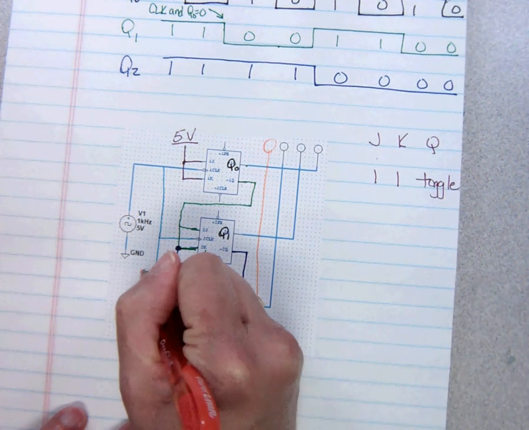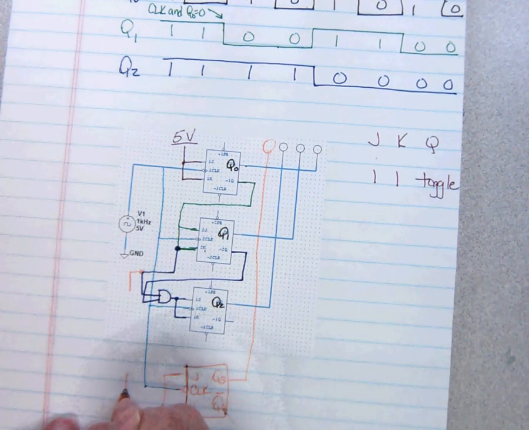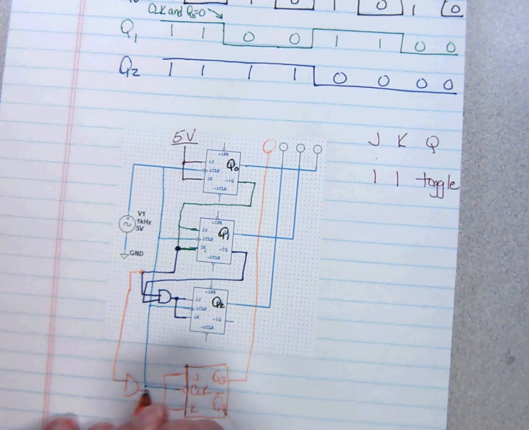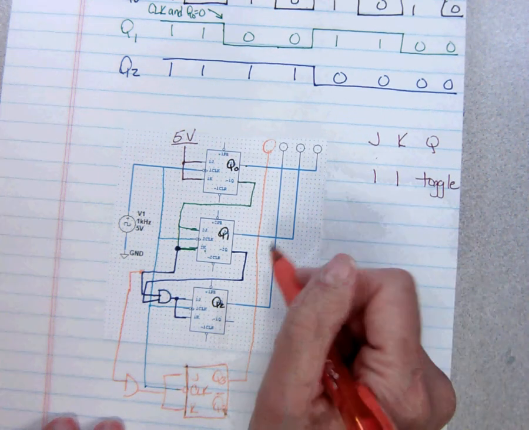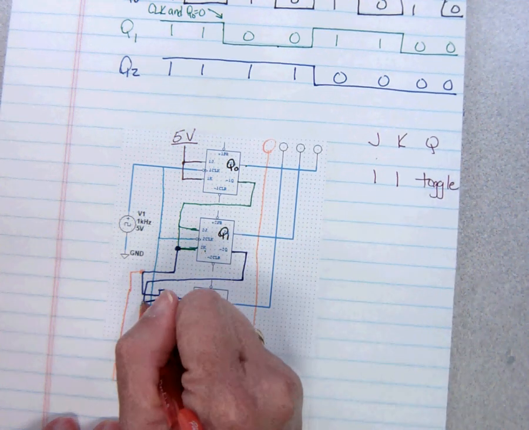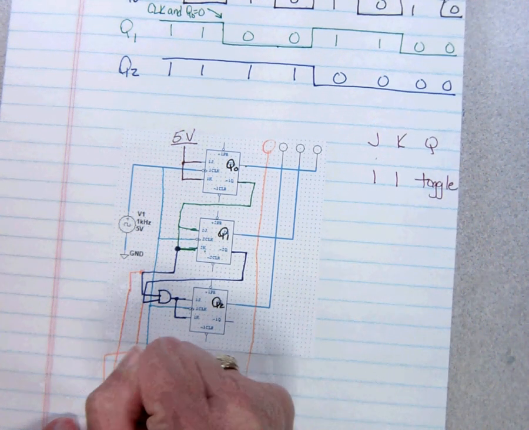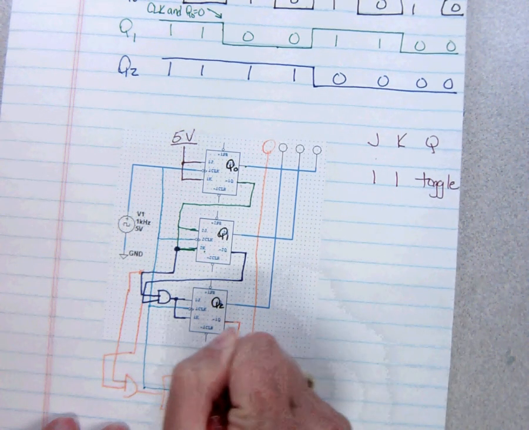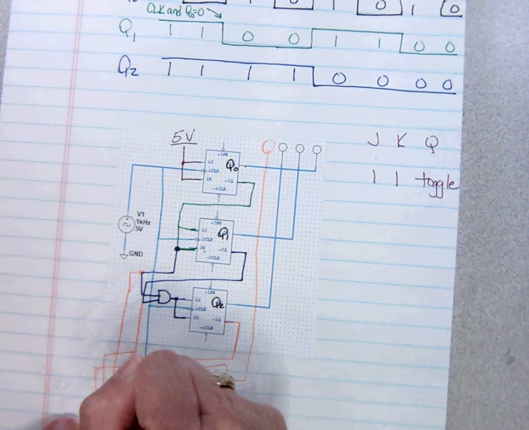Q0 bar when it's 0, Q1 bar when it is 0, and Q2 bar when it is 0.